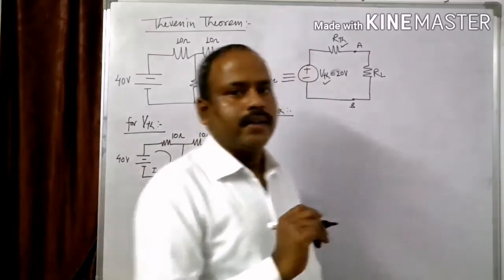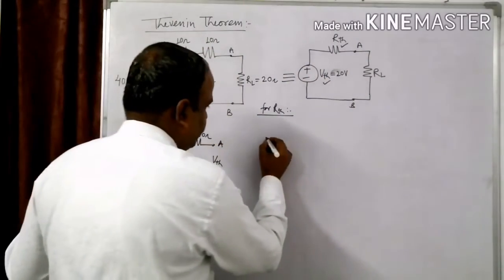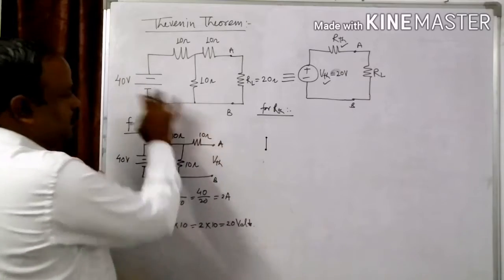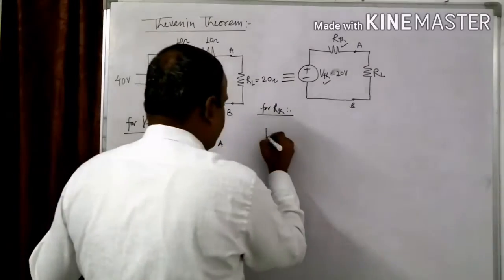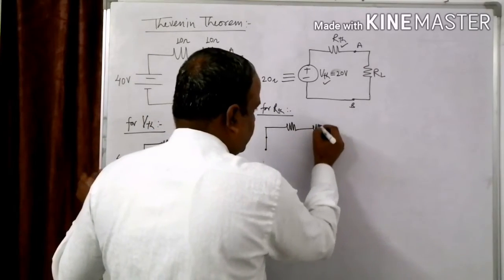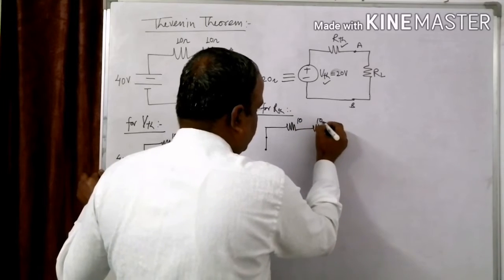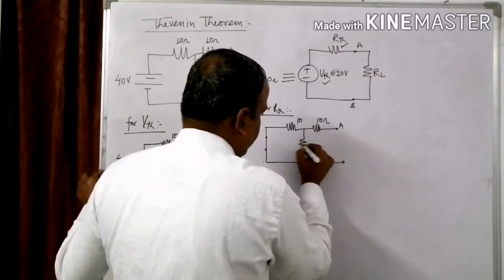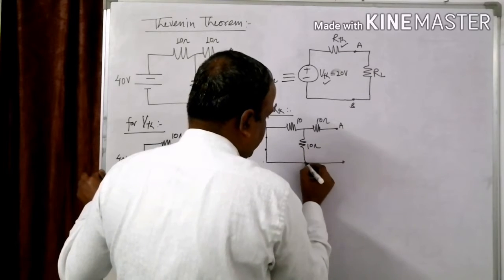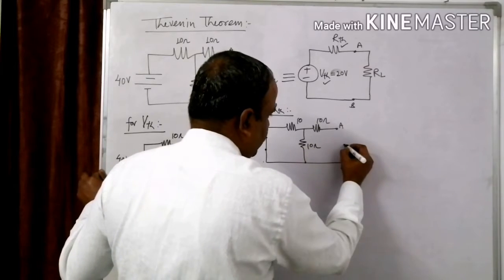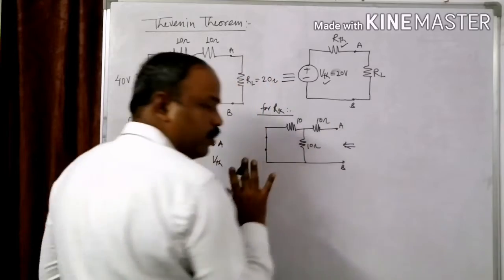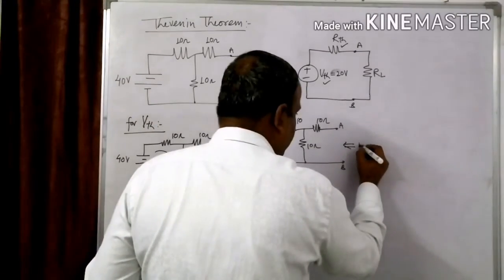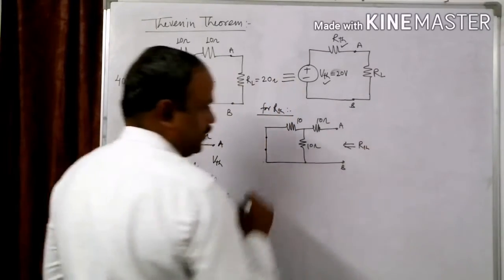For the calculation of RTH, I am drawing the circuit. Here the voltage source is short circuited, and the resistances are 10 ohm, 10 ohm and 10 ohm, right? This is the point A and B. The load is removed over here and we are going to view it from the load side, right?